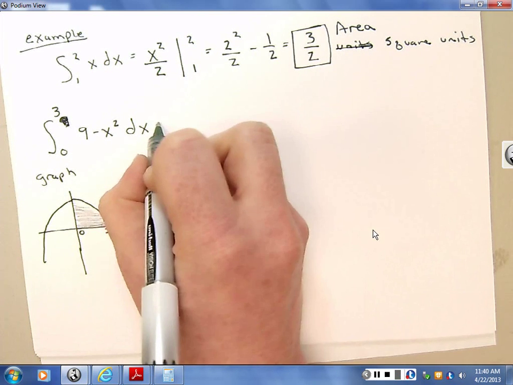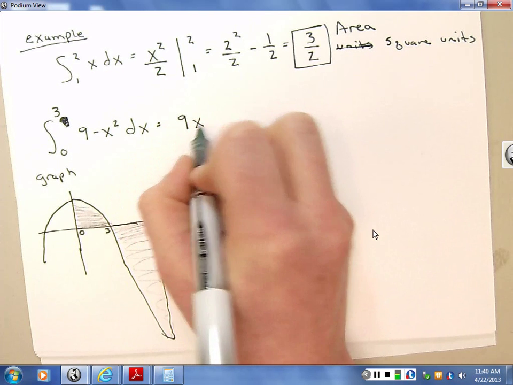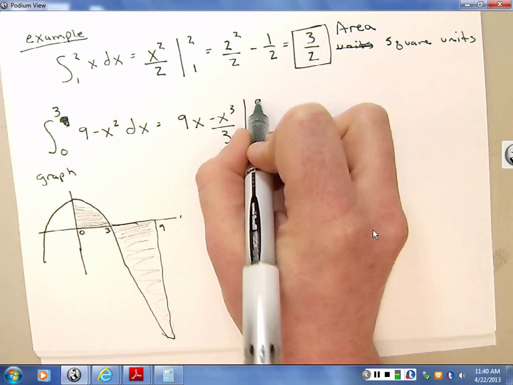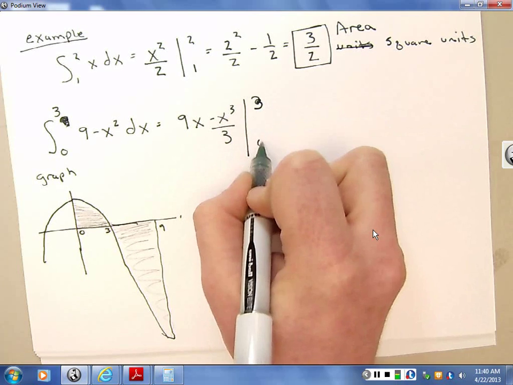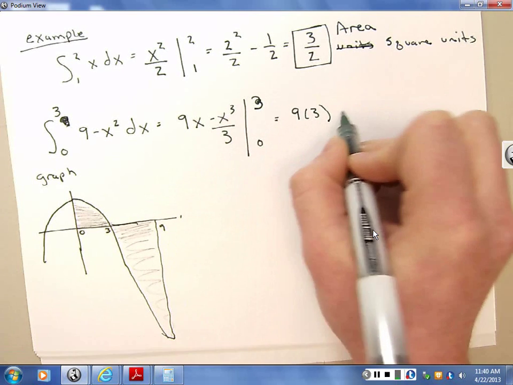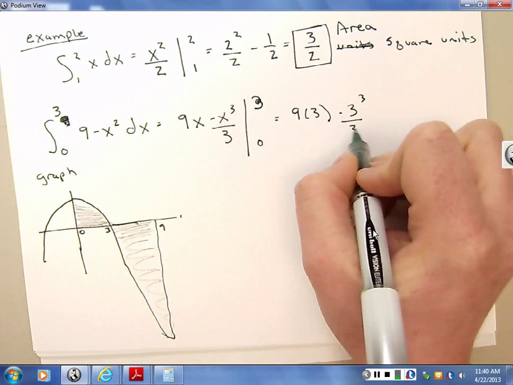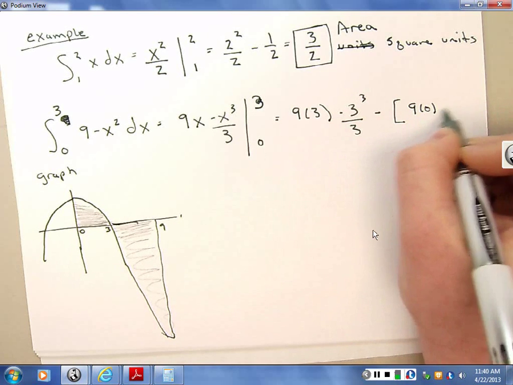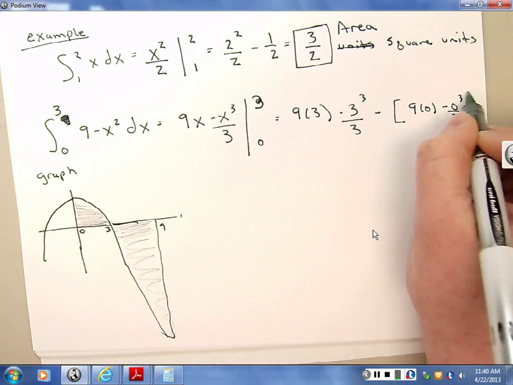So my antiderivative is 9x minus x cubed over 3. I plug in my upper bound minus my lower bound. So I have 9 times 3 minus 3 cubed over 3, minus the quantity 9 times 0 minus 0 cubed over 3.